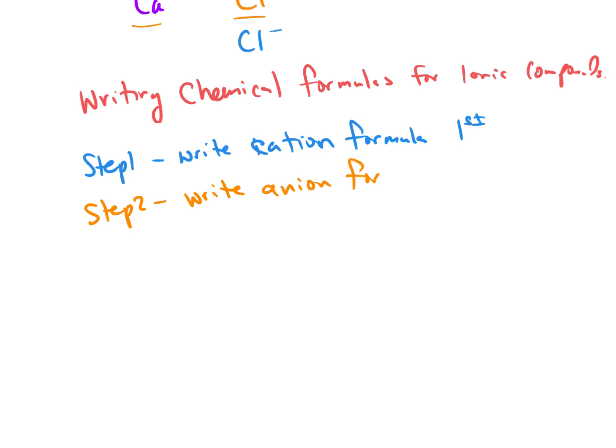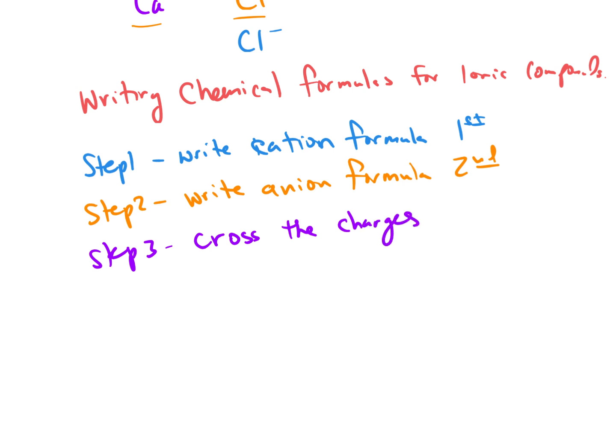Remember, all ionic compounds have a cation and an anion, right? And step 3, we cross the charges, or just the numbers, right? Cross the charge. And the last step, step 4, simplify.